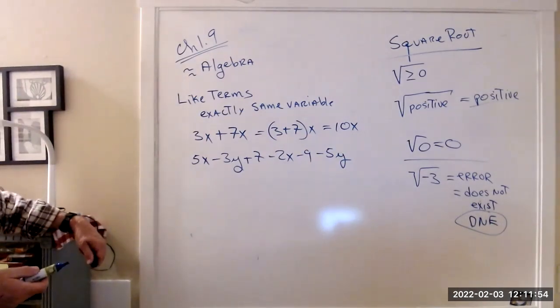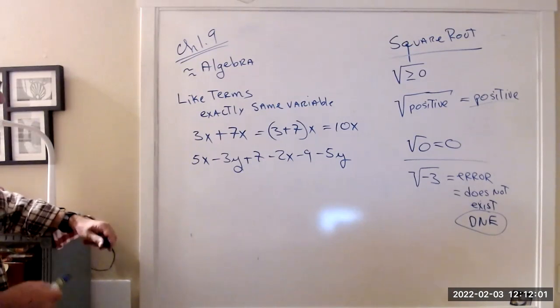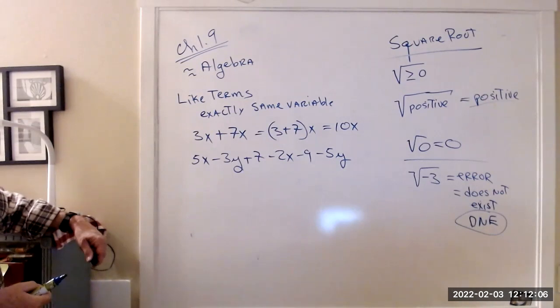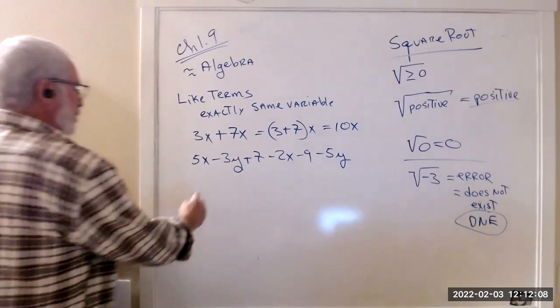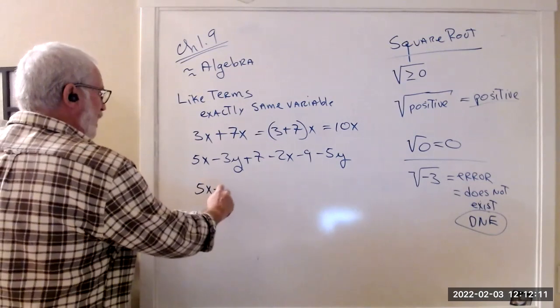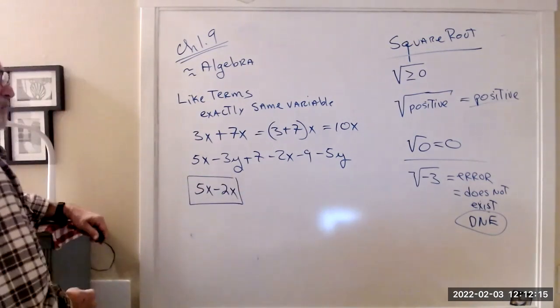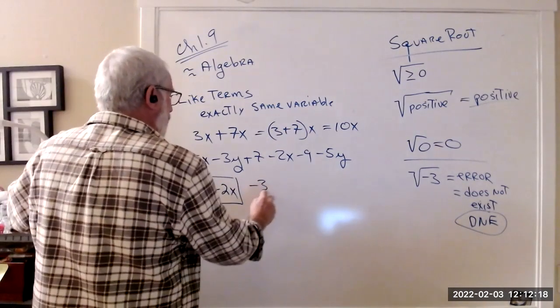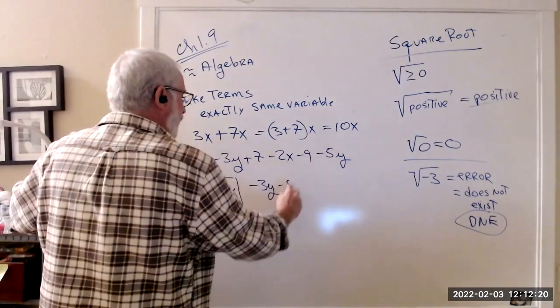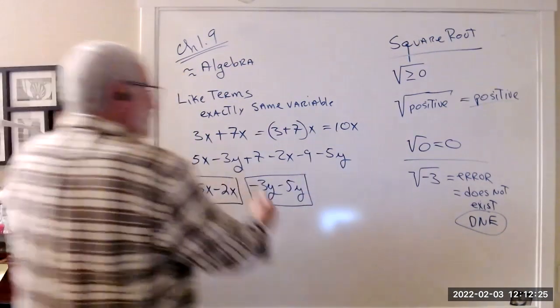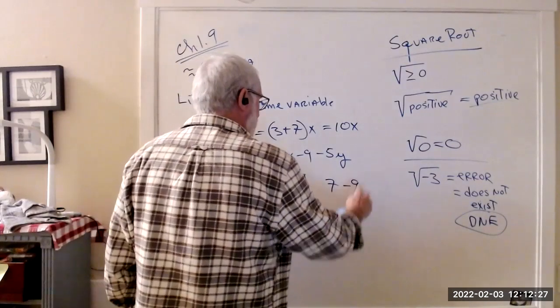There's all kinds of like terms here. For example, there's the 5x and the minus 2x. There's the minus 3y and the minus 5y. And there's the 7 and the minus 9.